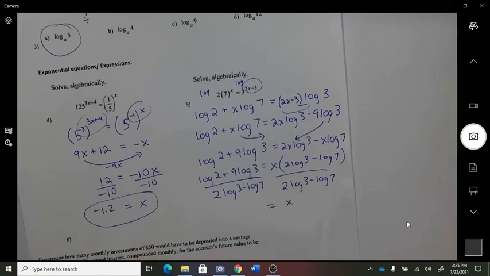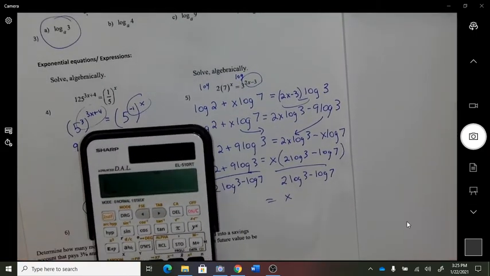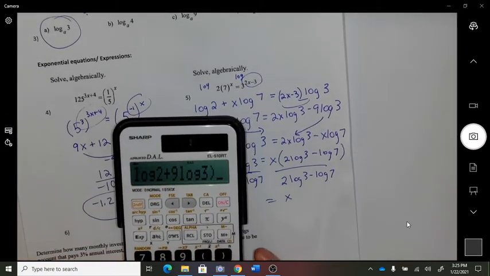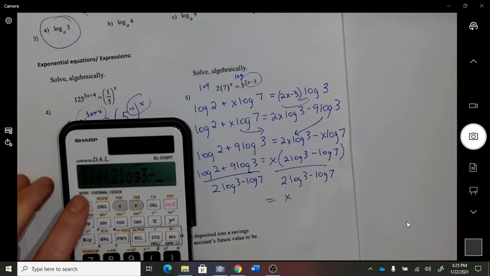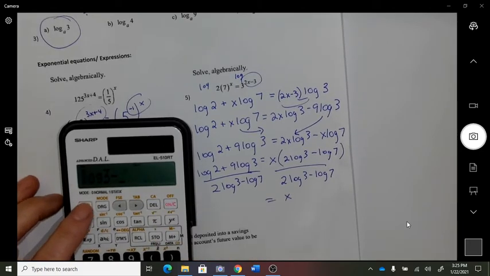Alright, so this would be some careful typing. So brackets, log 2 plus 9 log 3 divided by 2 log 3 minus log 7. Whoa, minus log 7.